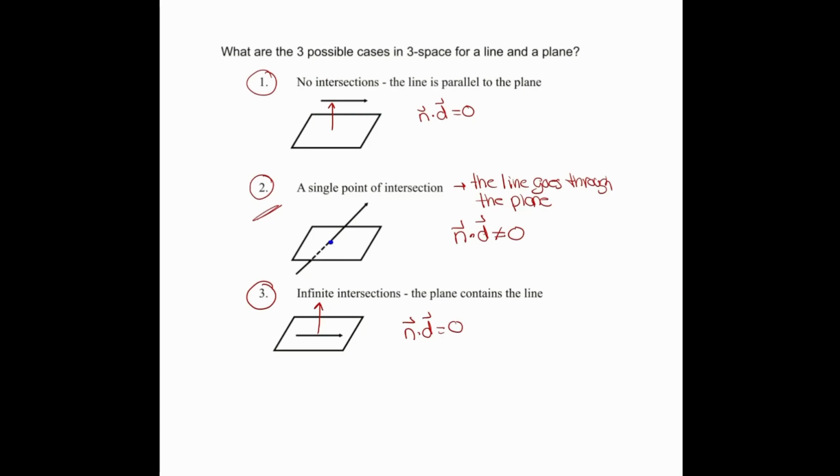So if we take our dot product and we get it equal to 0, that means that the normal and the direction vector, the line on the plane, are perpendicular. If they are not equal to 0, that's where we're going to end up with 1 point of intersection.